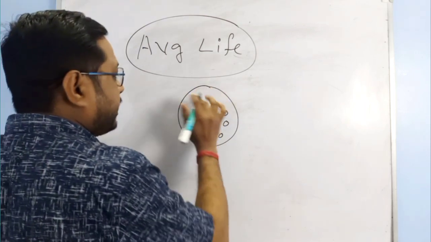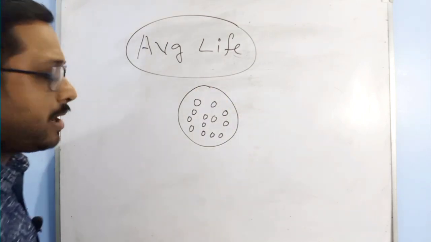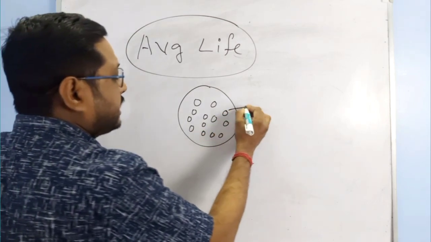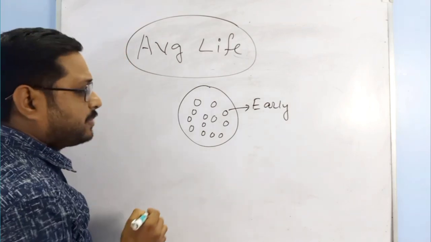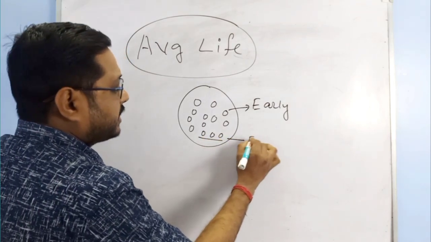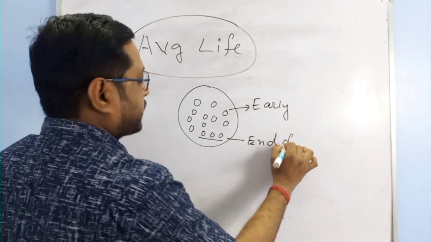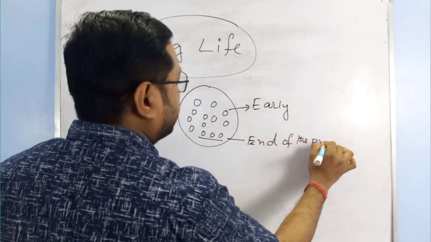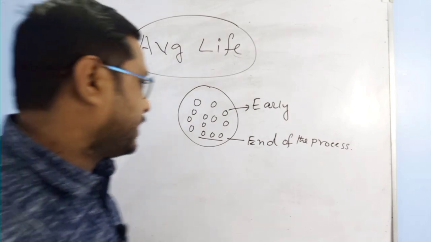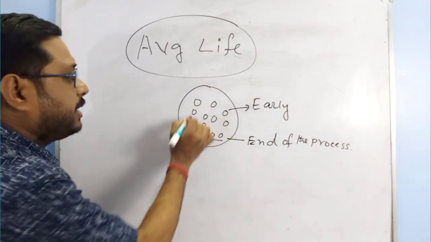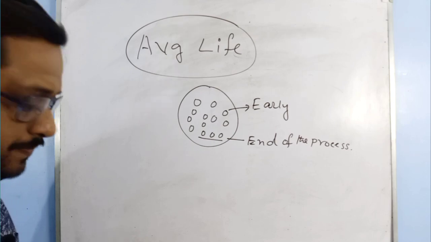So, when a radioactive sample disintegrates or decays, some of the nuclei decay very early or some of them decay at the end of the process. So, in general, it is impossible to predict the lifetime of every nucleus one by one.